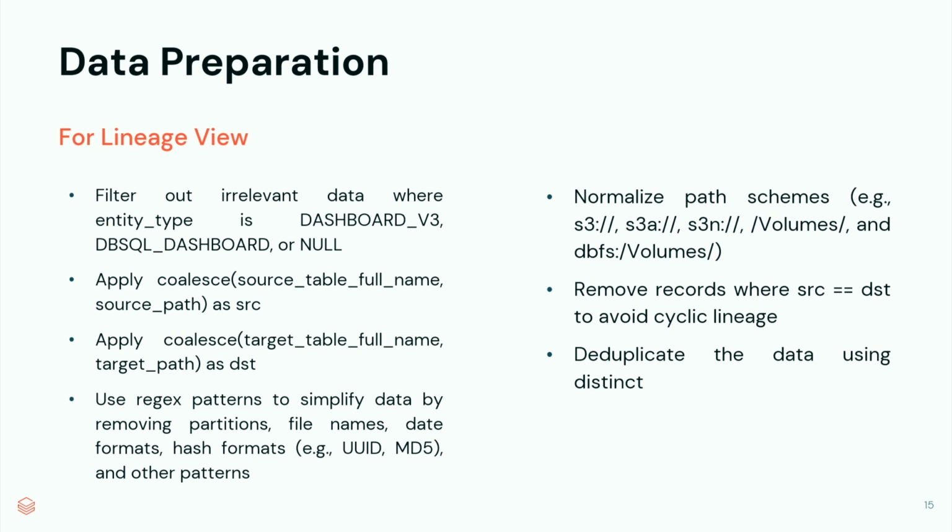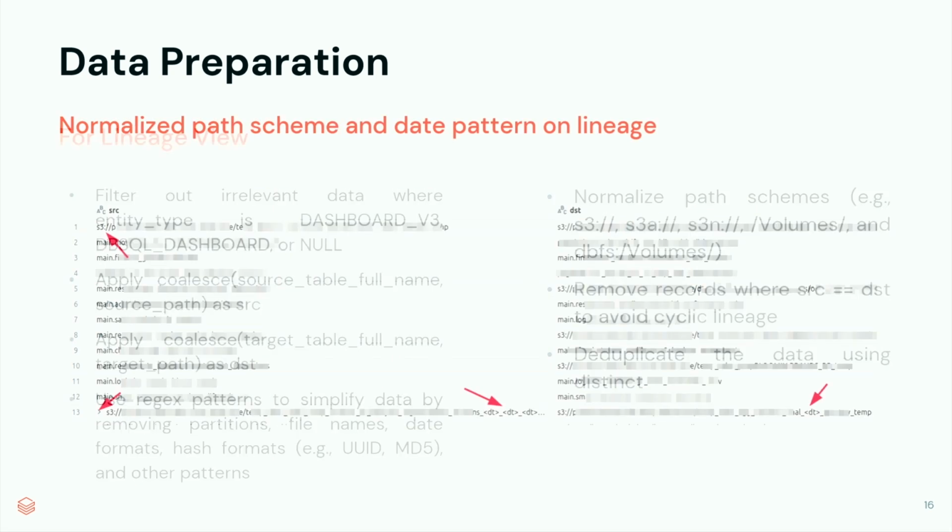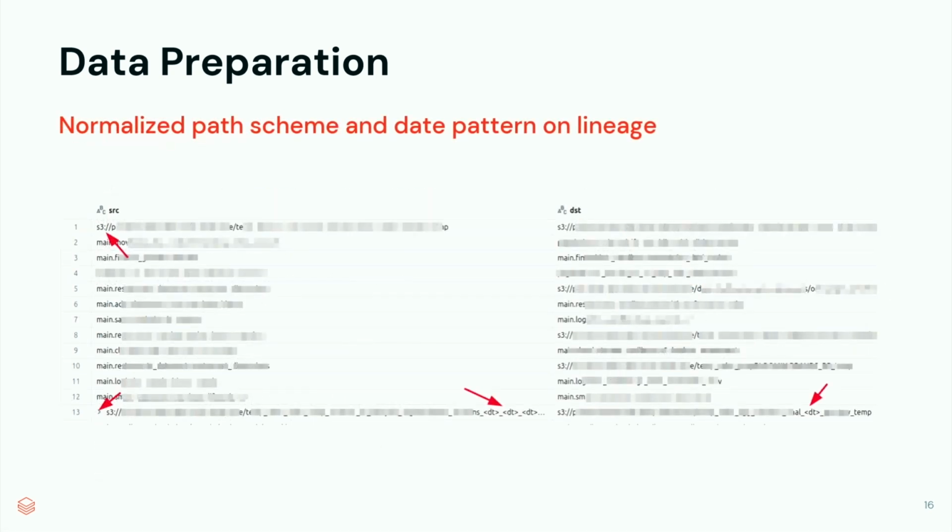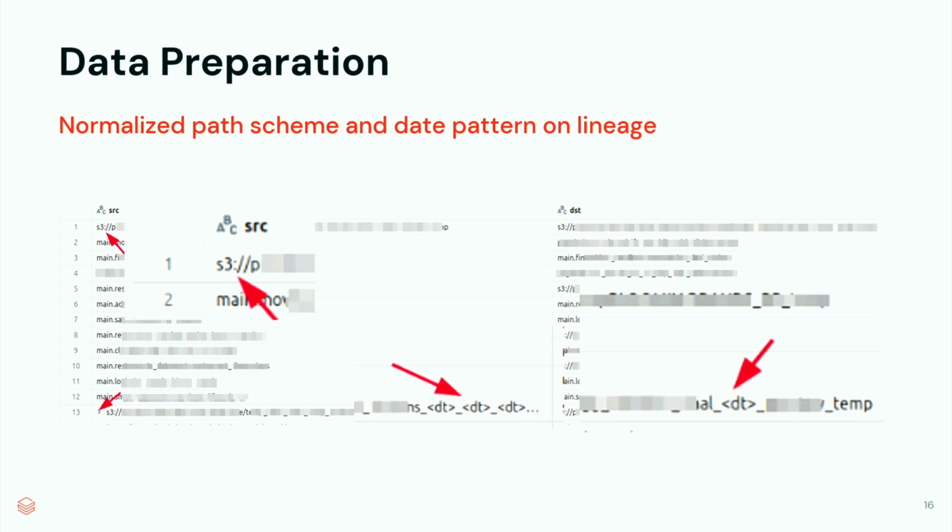And then we need to remove rows where source and destination are equal to avoid cyclic lineage in the graph, and then deduplicate the data. So as you can see here, we have the S3 prefix normalized, and the dt timestamps replaced with a placeholder that we call dt. And it can be anything else.